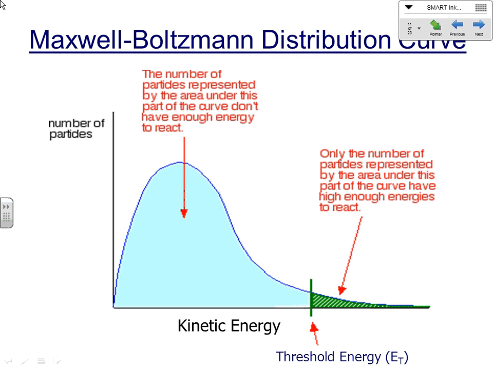So if we then have this kinetic energy and this minimum kinetic energy needed to react, in other words, all of these particles over here to the right are balls or cylinders that have a big enough push to make it over the hill, then this shaded area represents successful chemical reactions if the orientation is correct.